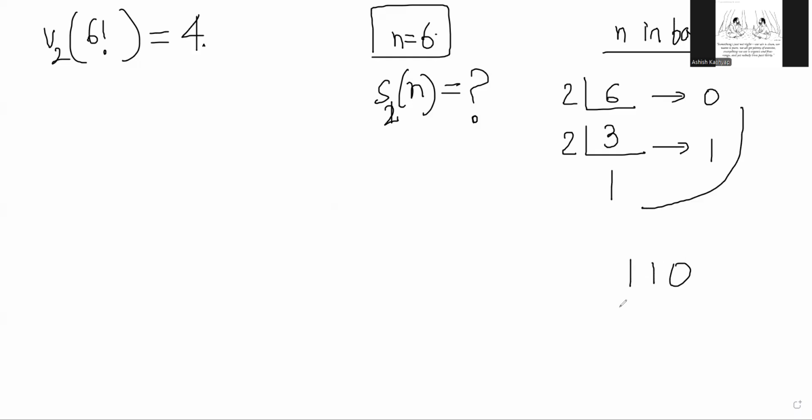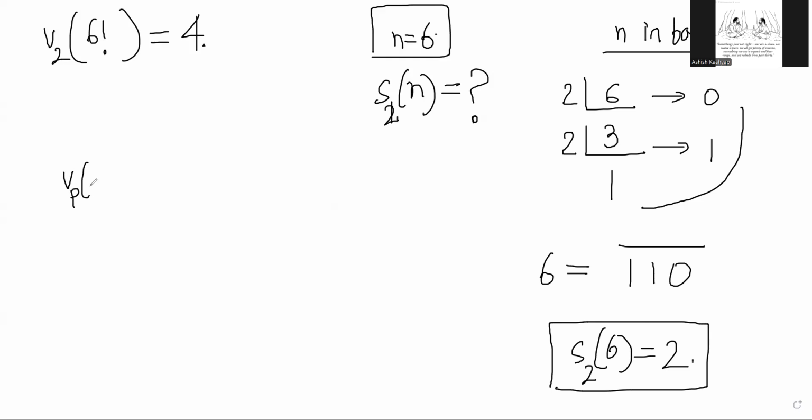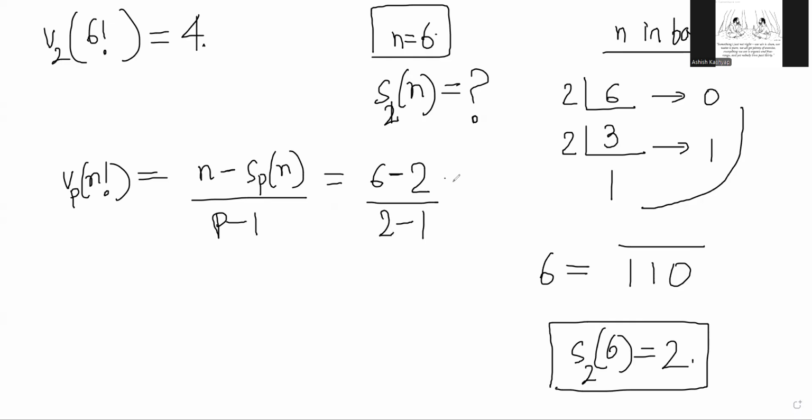This is the number 6 in base 2, correct? So S of 2 of 6 is 2. So the formula is V of P of n factorial is n minus S of P of n by P minus 1. So it is 6 minus S of 2 divided by 2 minus 1.